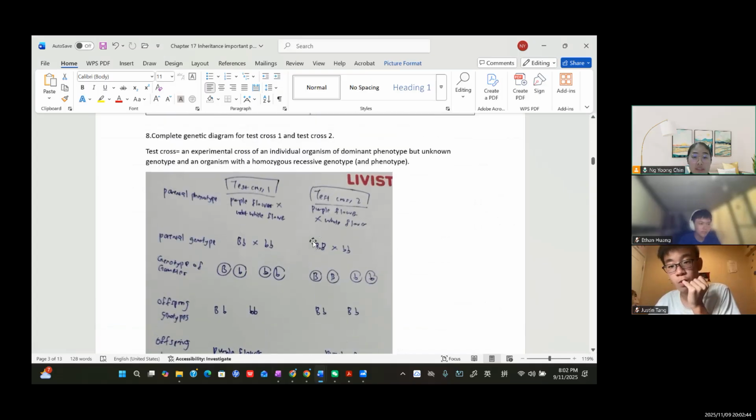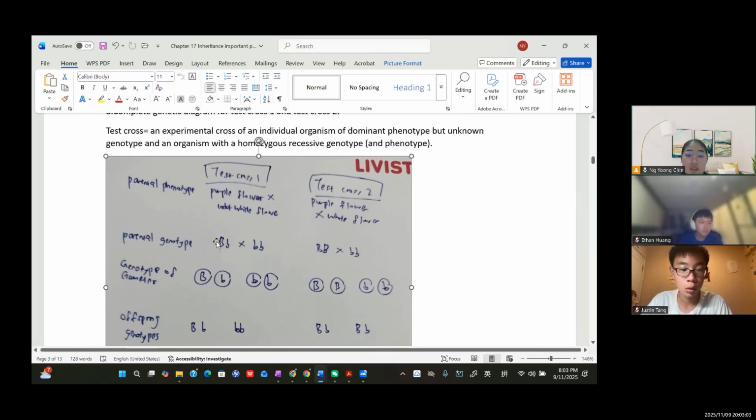So the test cross refers to an experimental cross of individual organisms of the dominant phenotype but unknown genotype. It's because this dominant phenotype can have two genetic combinations. Either one of them is one big B, one small b, or both of them are big B. So either it's heterozygous or homozygous.